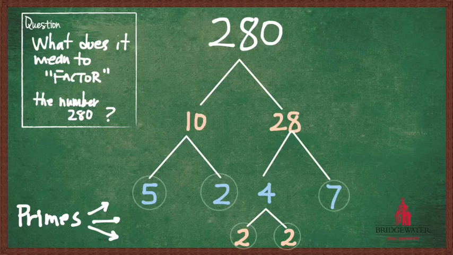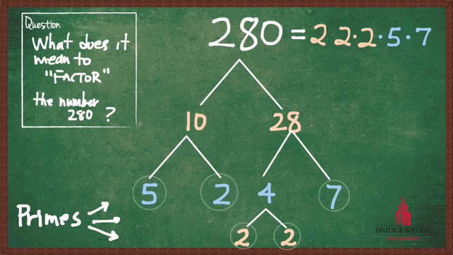And what it allows us to do is to say 280 is equal to, and I'm going to rearrange these primes just so that they're in increasing order for no particular reason, 2 times 2 times 2 times 5 times 7. I've got to make one of these 2's blue just to coordinate with our table. And what we get out of this is a quantity called the prime factorization of 280.